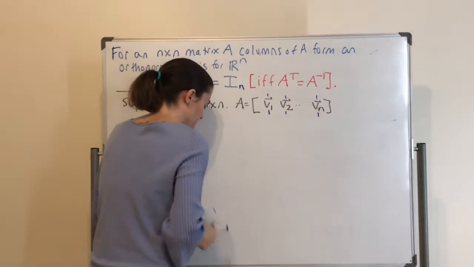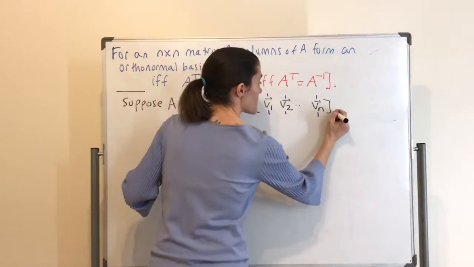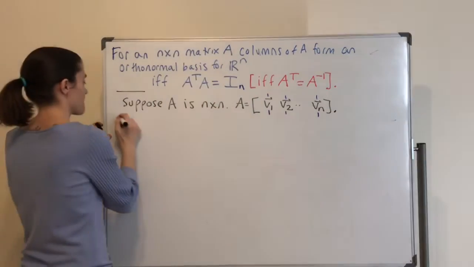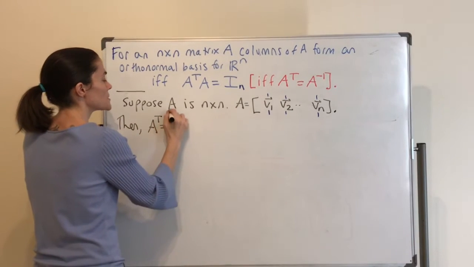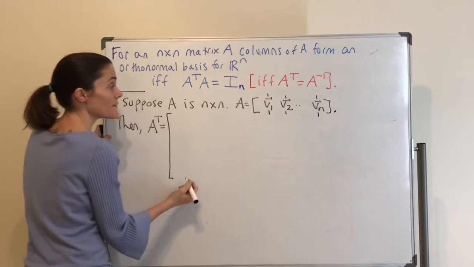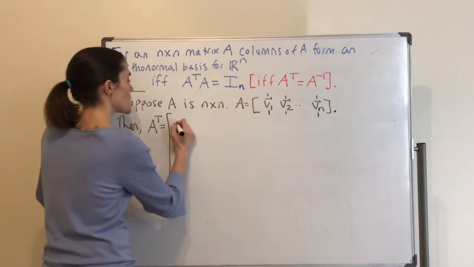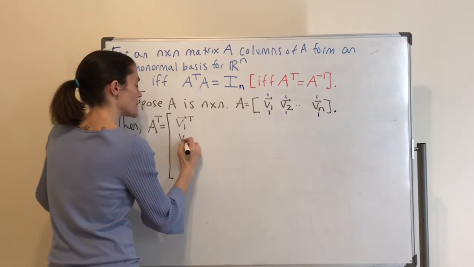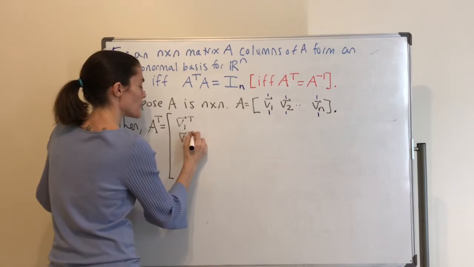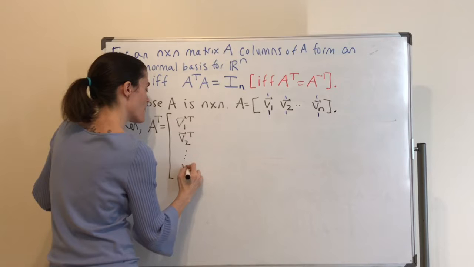Then A transpose, well, we know what happens: every column of A becomes a row of A transpose. But really they're rows, so I'm going to write them this way. And this is really the appropriate way to think about them.